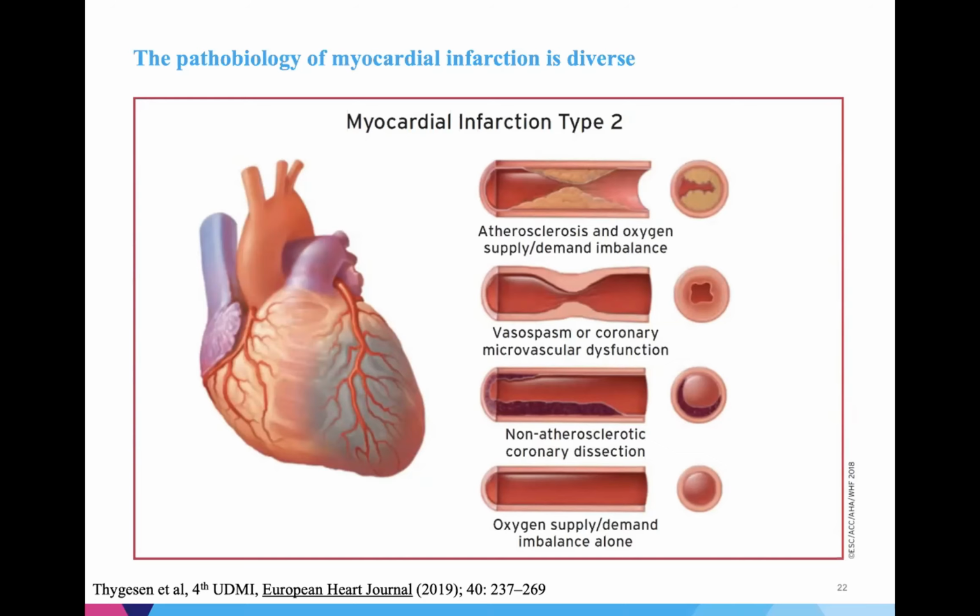All of these could actually be associated with type 2 myocardial infarction if the circumstances of supply and demand are such as to fall beneath the ability of the coronaries to auto-regulate delivery of oxygen to heart muscle.